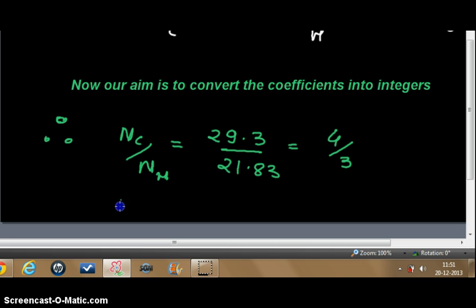Similarly, NC upon N oxygen is equal to 29.3 divided by 29.3, which is equal to 1.